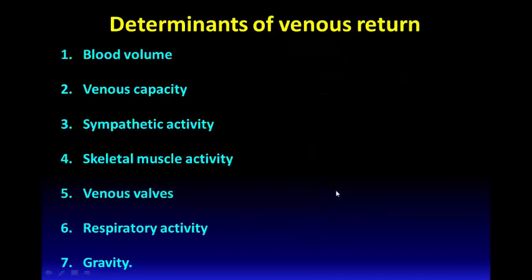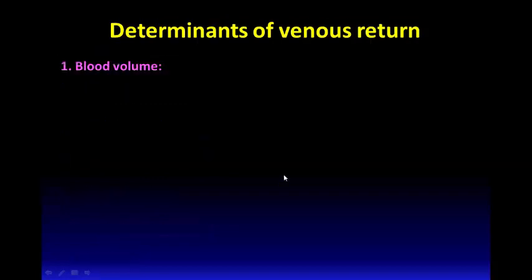Now, let's elaborate more on the factors which determine the venous return. These factors include the blood volume, the venous capacity, sympathetic activity, the skeletal muscle activity, venous valves, the respiratory activity, and also gravity. So the first factor is the blood volume.